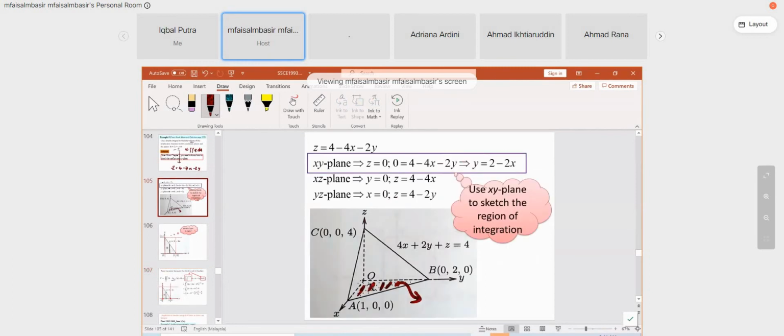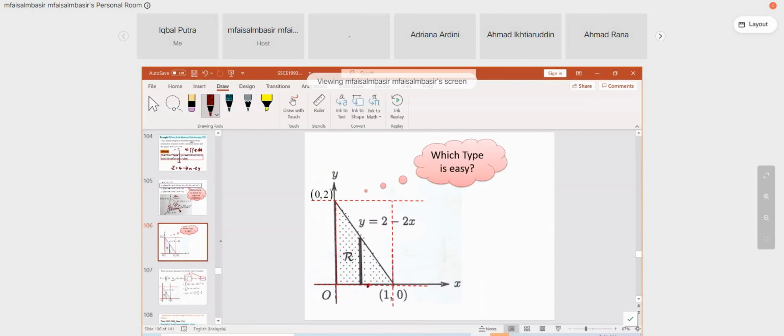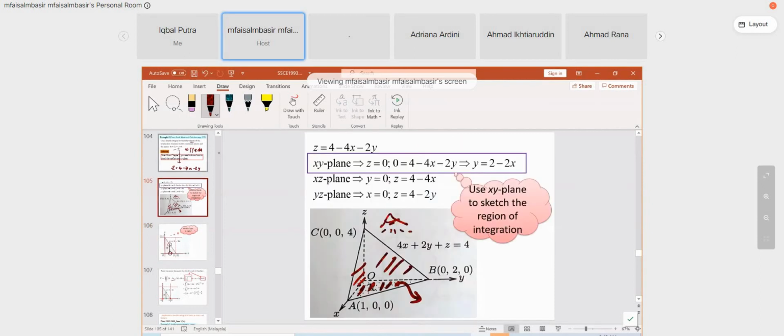Actually you can take this part also, it's up to you, but I like to choose the x-axis because it's easier to see. From here, if I use type 1, y is from 0 to 2 minus 2x. How do I get this? When I set this to 0 and solve for y, I get y. I can solve for z, and I solve for this.